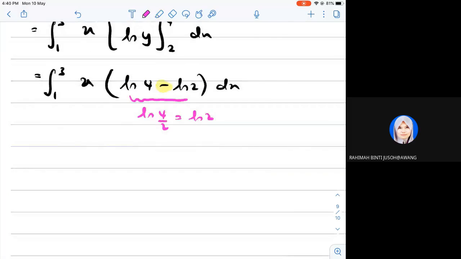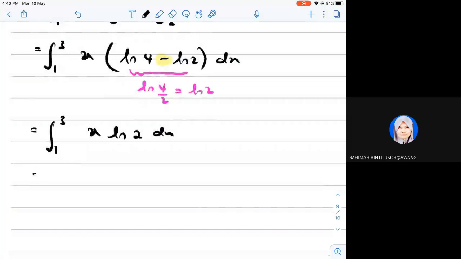So now it becomes the integral from 1 to 3 of x ln 2 dx. Okay, ln 2 is just a constant, so you take ln 2 out first.